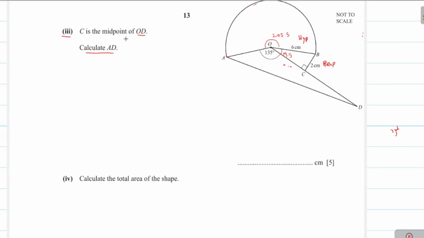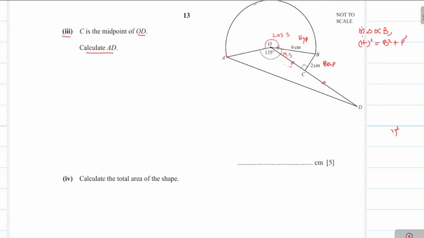Question 8, third part of part A. You see here C is the midpoint of the OD length, and calculate AD. Therefore, OC length will be equal to CD. Firstly, we will find the length of OD. Before finding OD, we will find OC length by using Pythagoras theorem in triangle OCB. In triangle OCB, the Pythagoras theorem: hypotenuse square equal to base square plus perpendicular square.